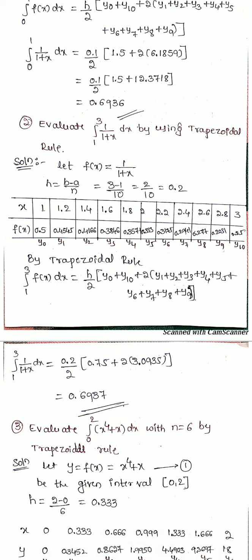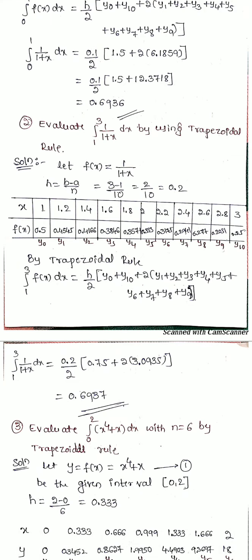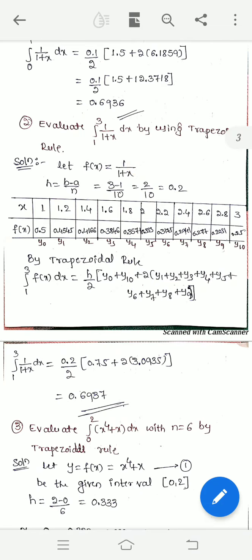Okay, first we have to construct the table of x values and f of x values. The x values are 1, 1.2, 1.4, 1.6, 1.8, 2, 2.2, 2.4, 2.6, 2.8 and 3. Corresponding to these x values we have to calculate the y values, or substitute these x values in the given function, that is f of x equals 1 divided by 1 plus x.